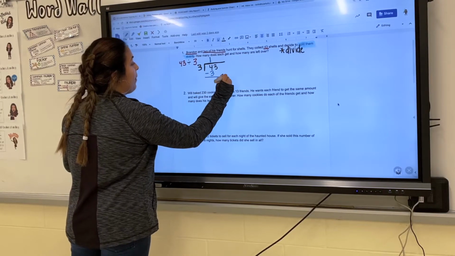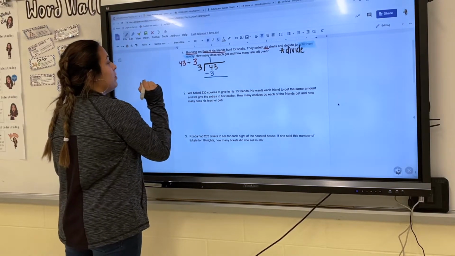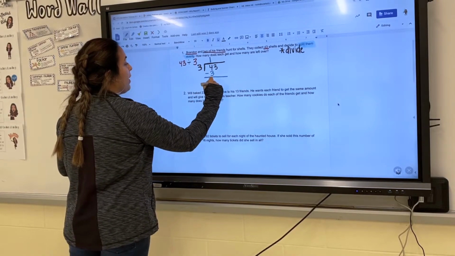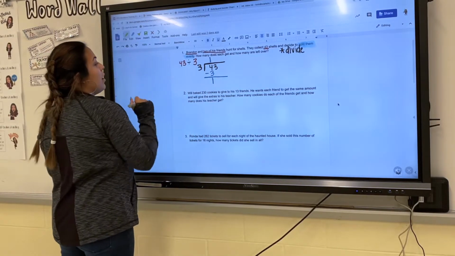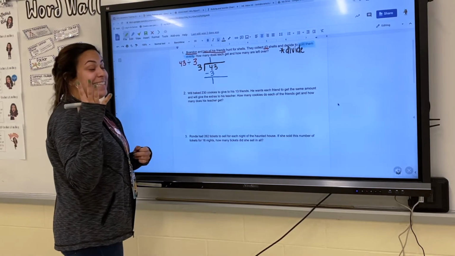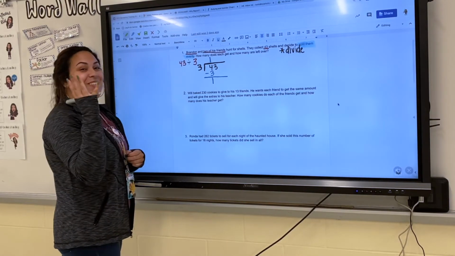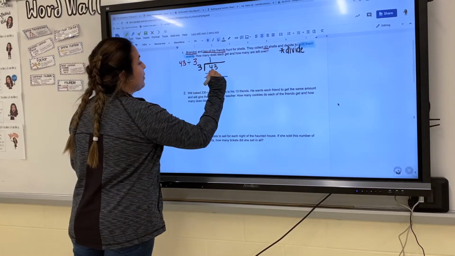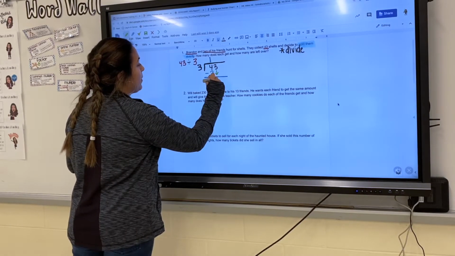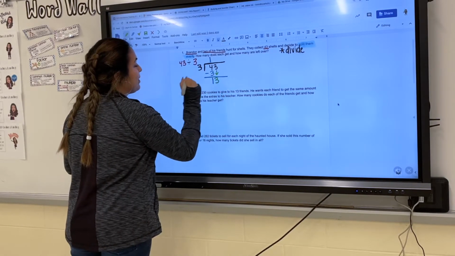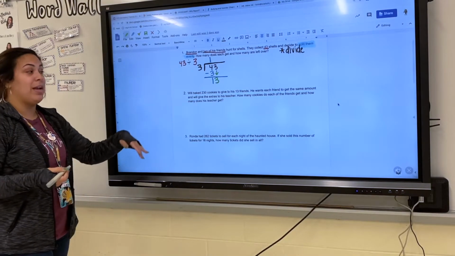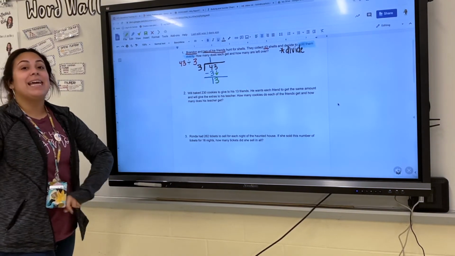Our third step is to subtract. 4 minus 3 is 1. And then our fourth step, which is important, is to bring down any other numbers. Our next number is 3, so I'm bringing that down. And then I repeat.